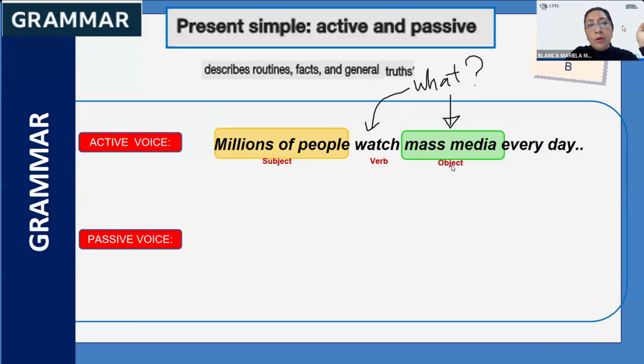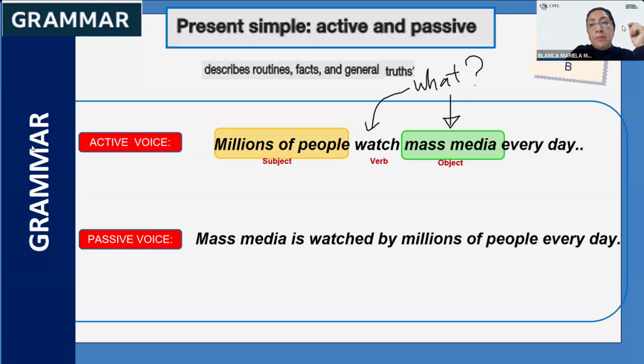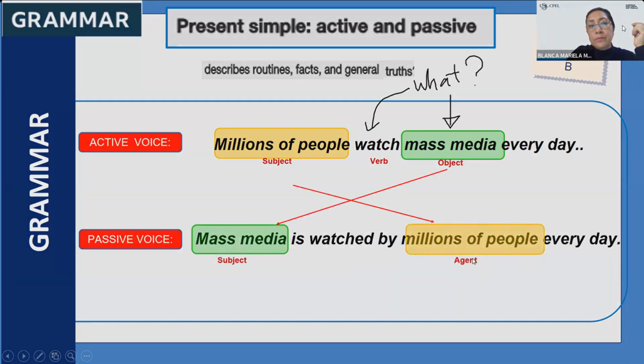Now that you already know which are the three parts of the sentences, you can change the position of the words. And so you say mass media is watched by millions of people. So notice how you change the position of the words in the sentence.